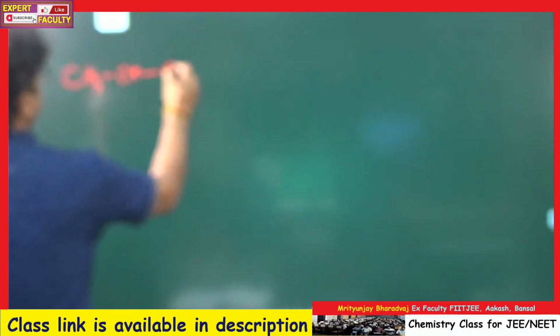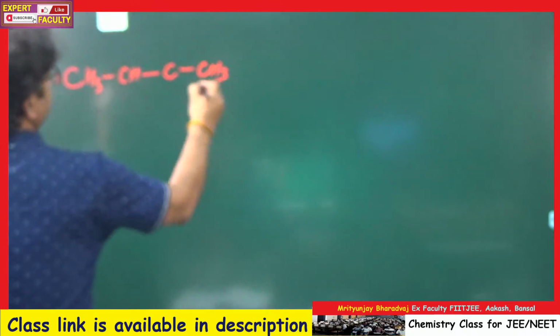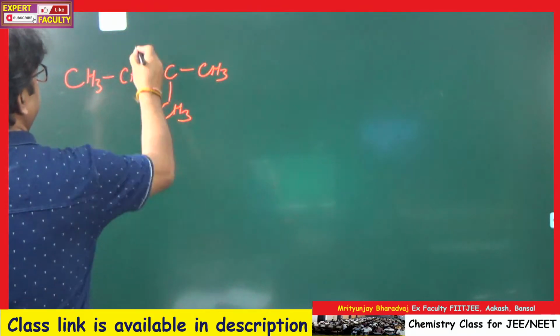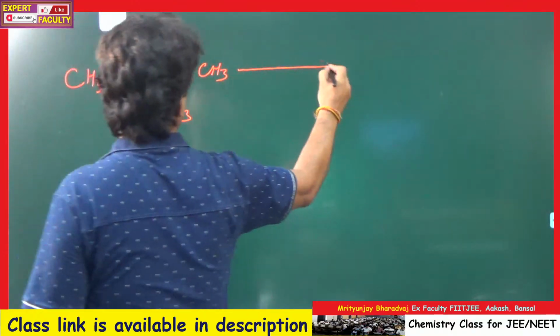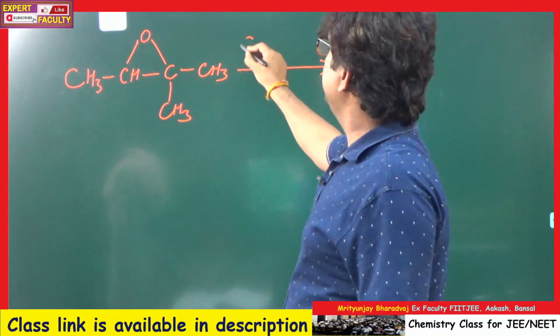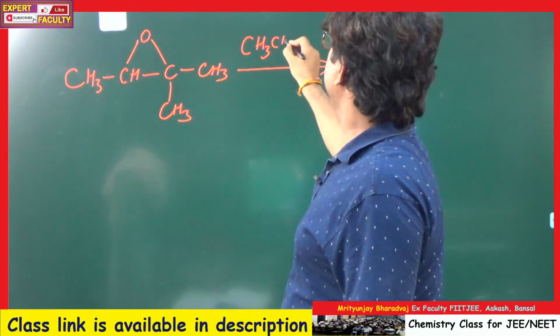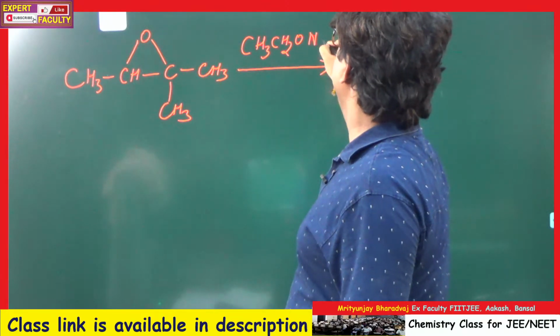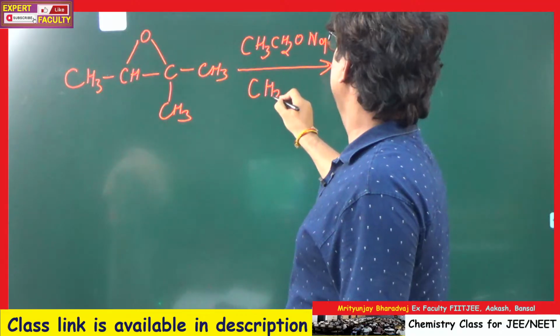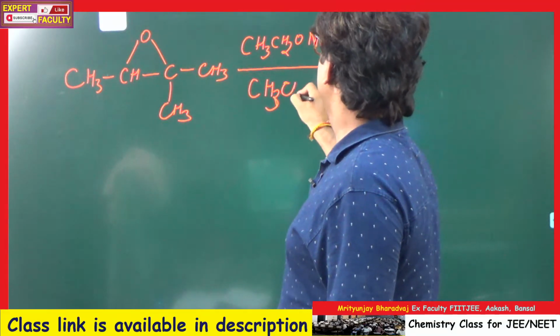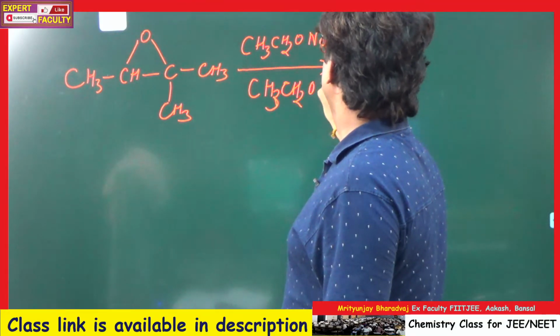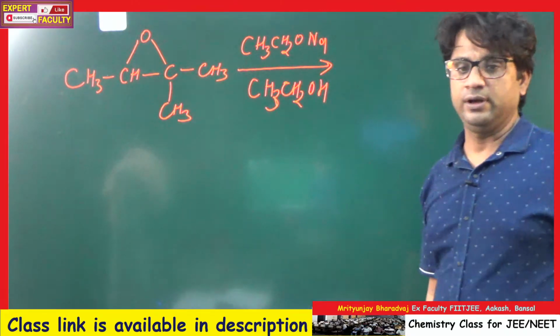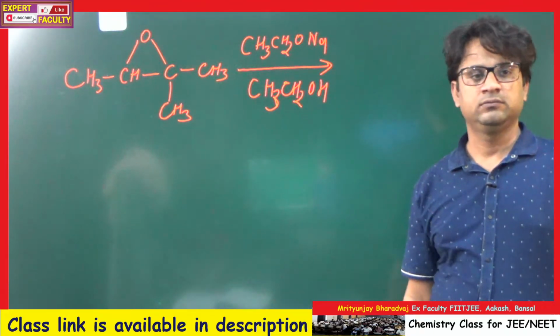CH3 CH C CH3 CH3 O epoxide. This time we are taking CH3 CH2 ONa in ethanol. This is our reaction.